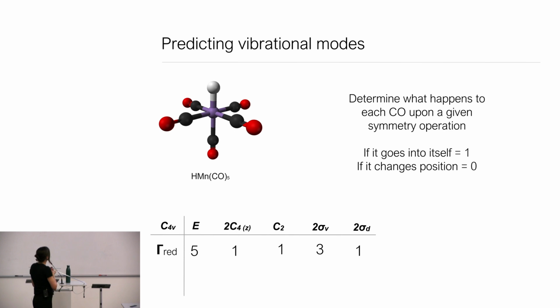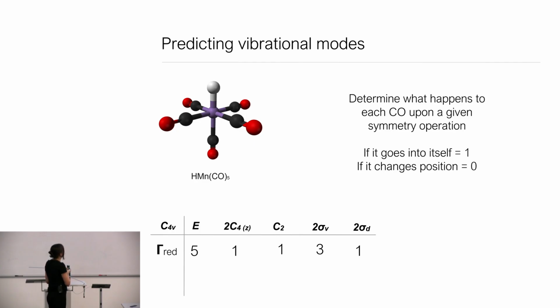Okay, so here is our molecule now. And what we want to determine is under every symmetry operation, what happens to those CO ligands, right? They don't sit at the center of the point group, they're at the periphery. And so I actually have to see what happens to them at each operation. And so here it's always easiest to see the identity operation, because if I operate the identity on all 5 of these COs, every CO returns itself.